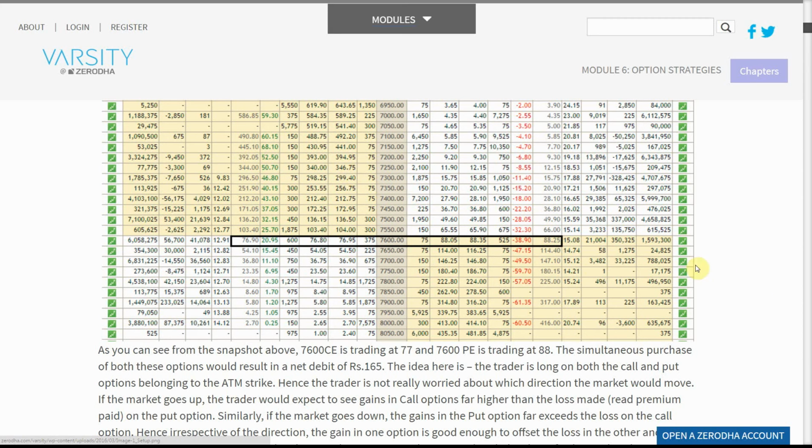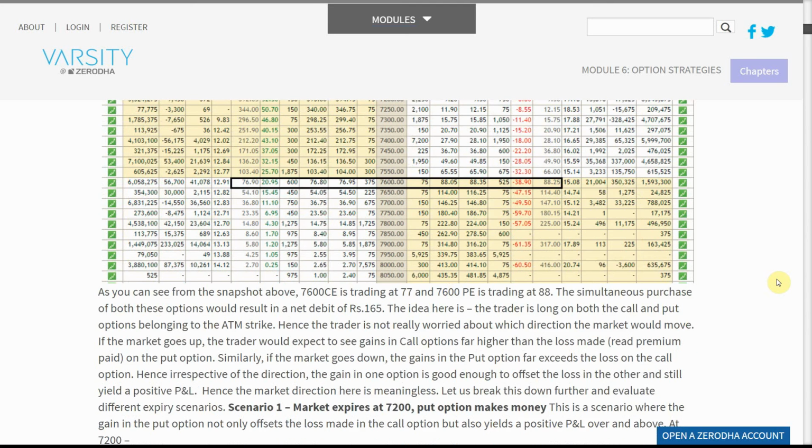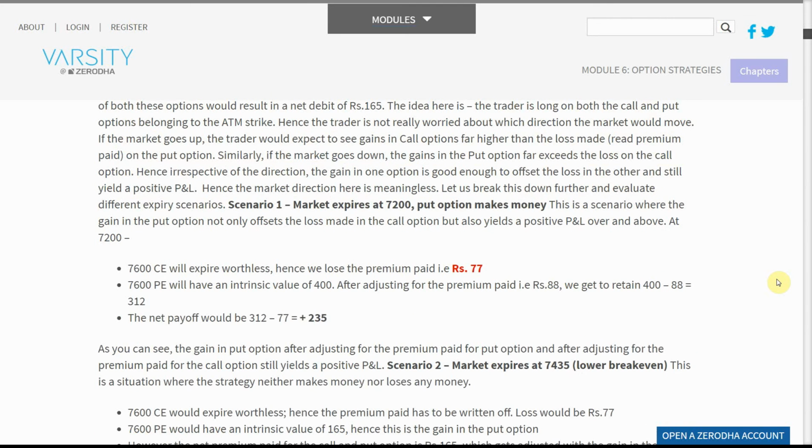At 7,200, 7600 CE will expire worthless. Hence we lose the premium paid, i.e. Rs. 77. 7600 PE will have an intrinsic value of 400. After adjusting for the premium paid, i.e. 88 rupees, we get to retain 400 minus 88 equals 312.